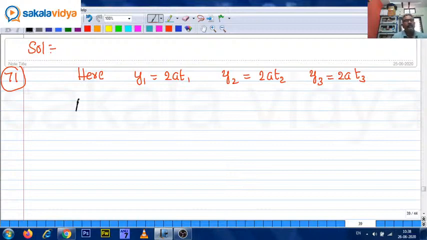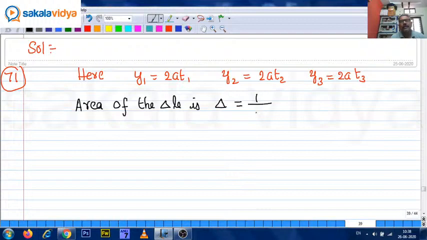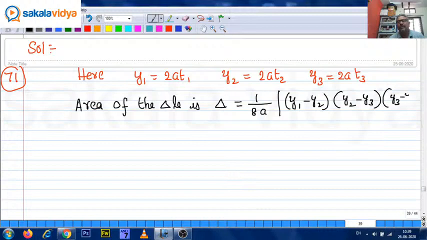What is the area of the triangle? Area of the triangle inscribed is delta equals 1 by 8a mod of (y1 minus y2), (y2 minus y3), (y3 minus y1).